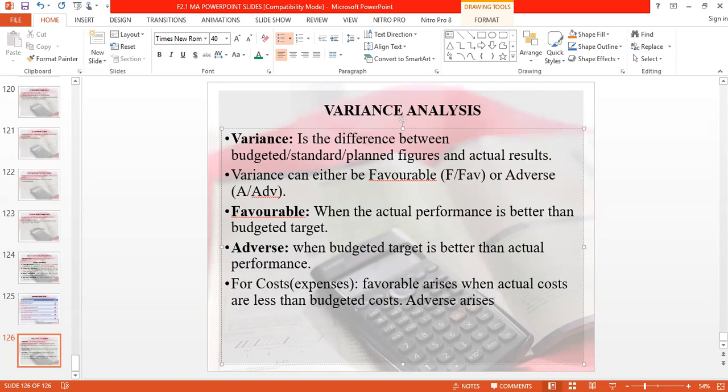arises when actual costs are more than budgeted.